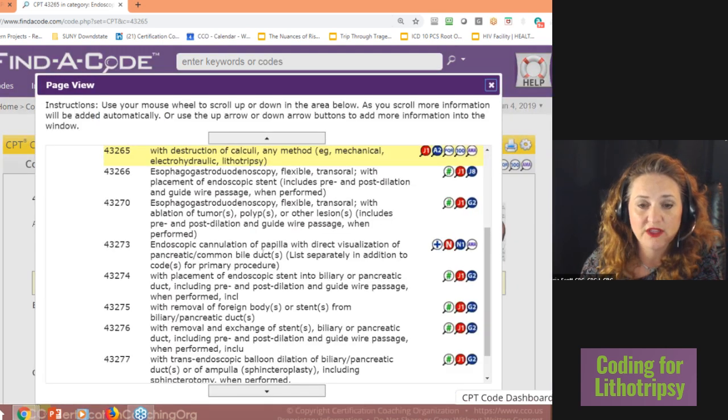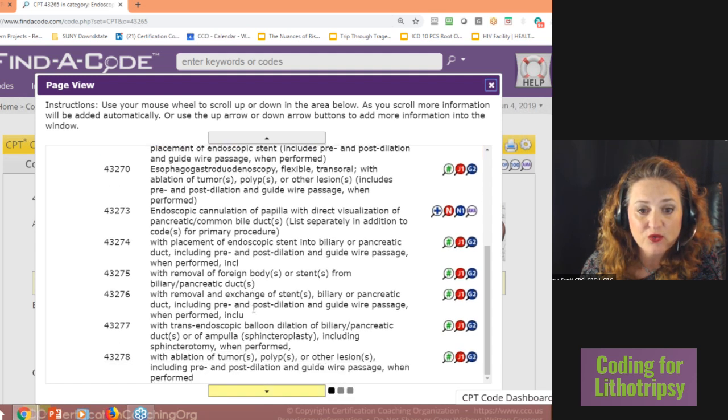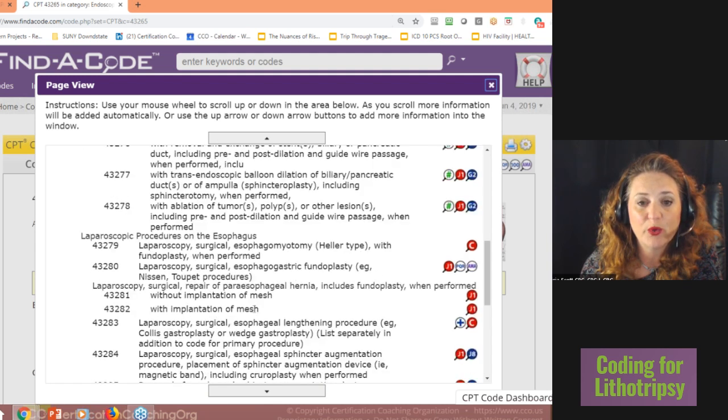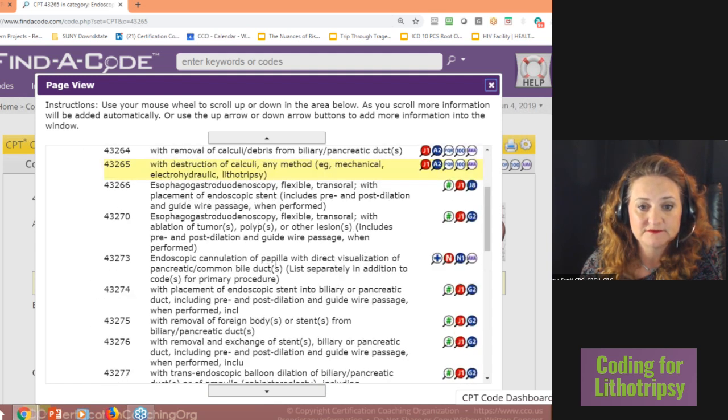Look at all of the options. Here's our first choice, which, remember, any method. Then we start looking at other body areas, and lithotripsy is not listed on these. Nope, because these are actually in the code range. If you're looking around there, that is for going in and looking at something.